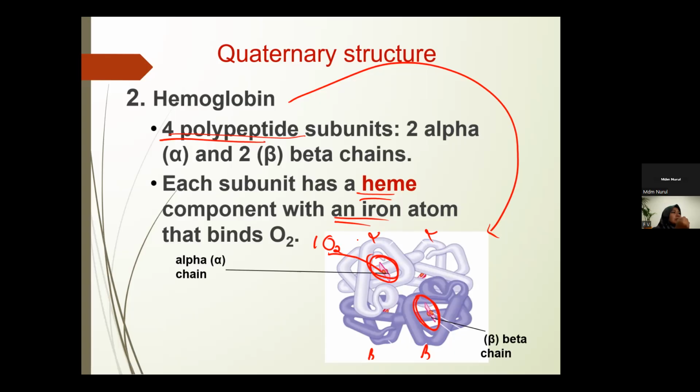So, berapakah oksigen molekul yang dibawa oleh satu hemoglobin? Berapa? 4 oksigen. 4 oksigen molekul. Kenapa? Sebab setiap satu subunit can bind to 1 oxygen molecule. So we have 4 subunits. So meaning to say, satu hemoglobin can bind to 4 molecule of oxygen.